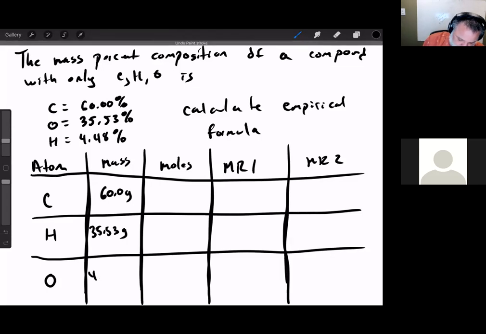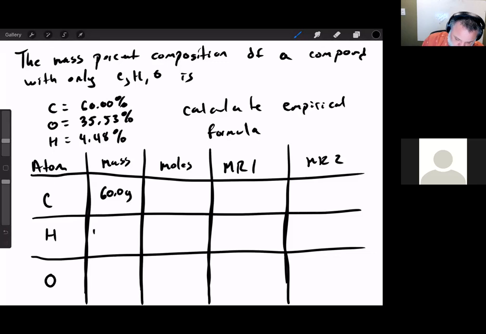Oops, I did that backwards. So you just use the mass percent compositions as the masses, because you can always say to yourself, well, what if I had a sample that was 100 grams?